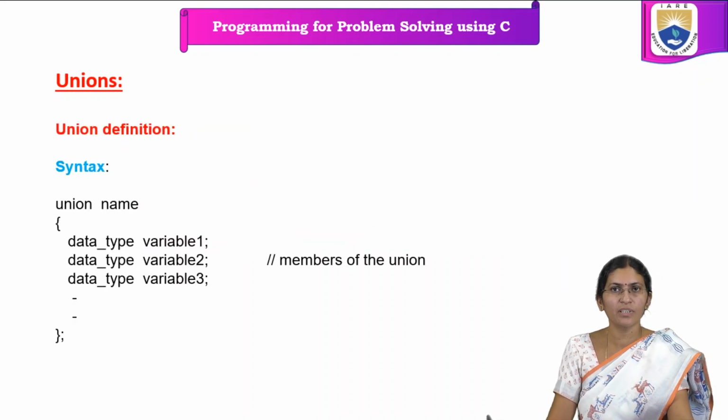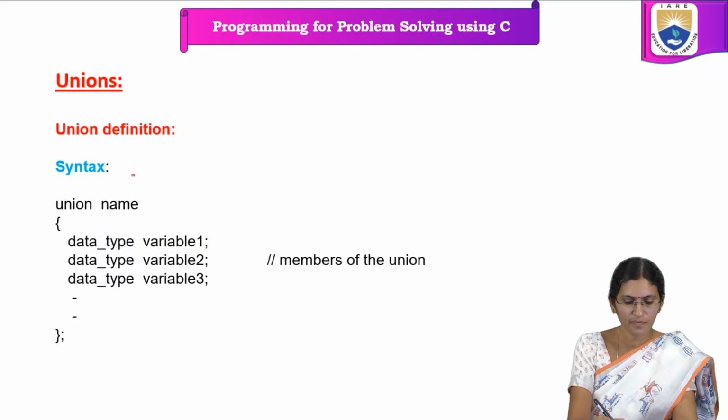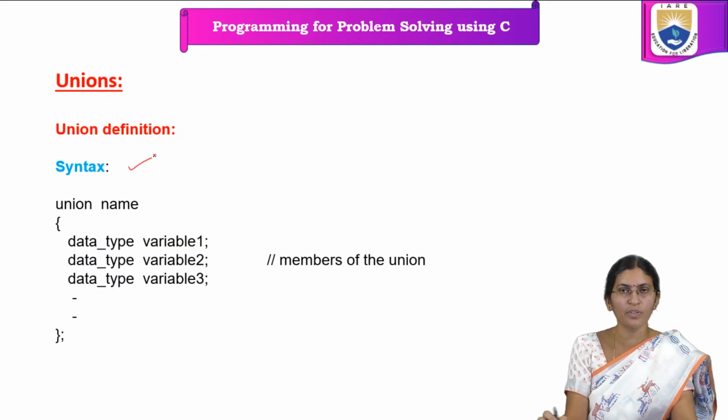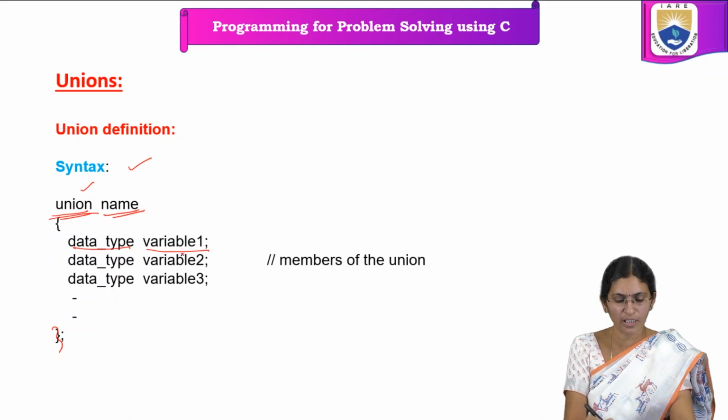First, coming to the definition of union: the keyword union is used here, and then the name of the union. Inside the curly braces, we need to specify the members. Each member will have the data type and then the variable name: variable 1, variable 2, variable 3 and so on.